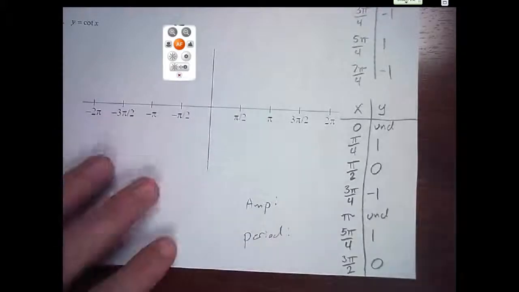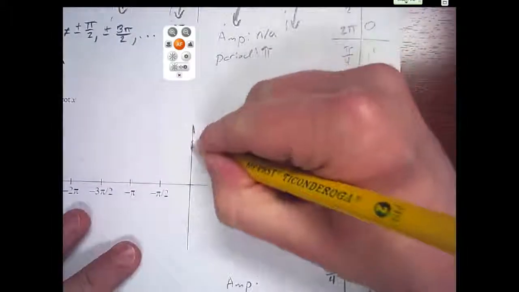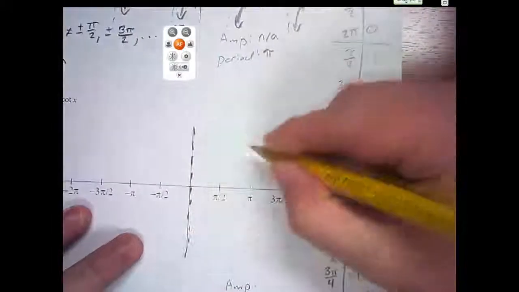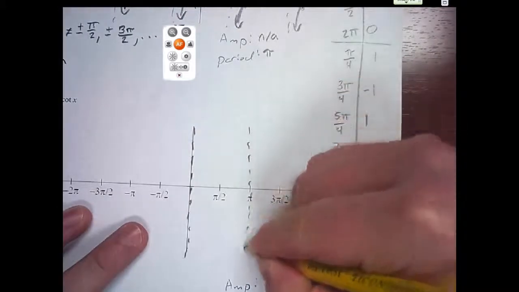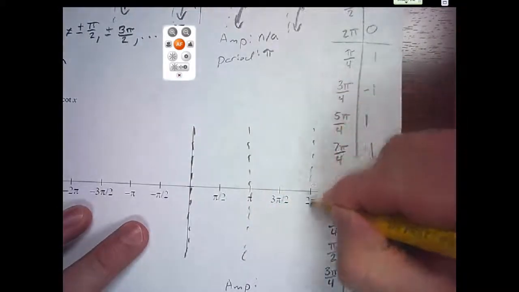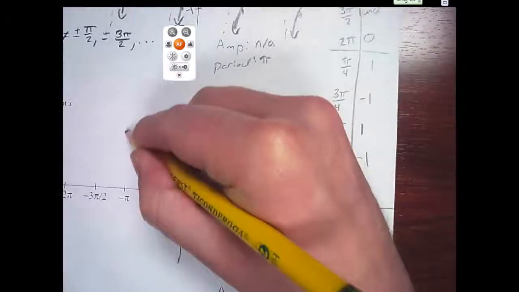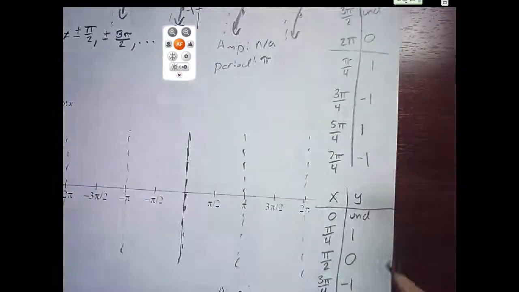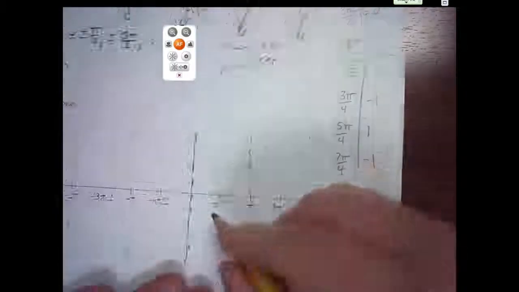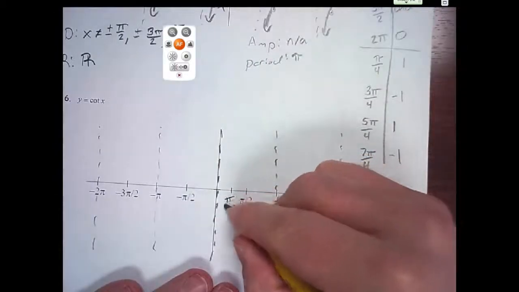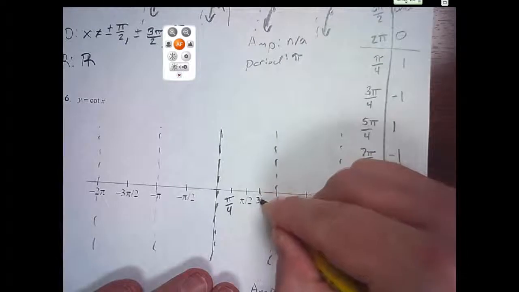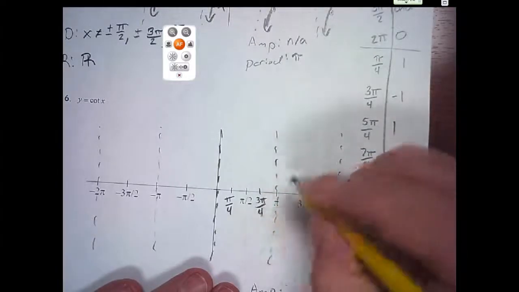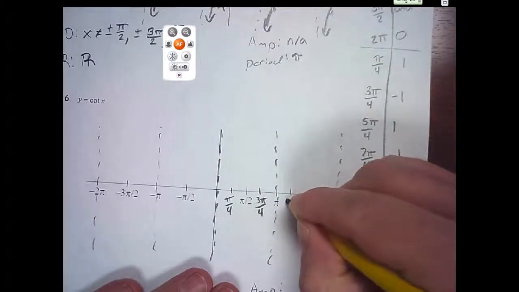And again, the first thing you want to do is just come through here and draw your asymptotes, just like this. Again, it's just skipping 1, right? Just like that. And then I'm going to come through and fill in my 45 degrees.